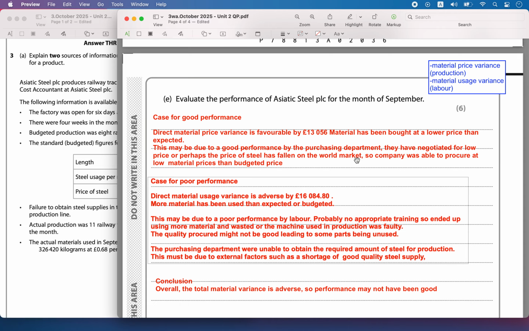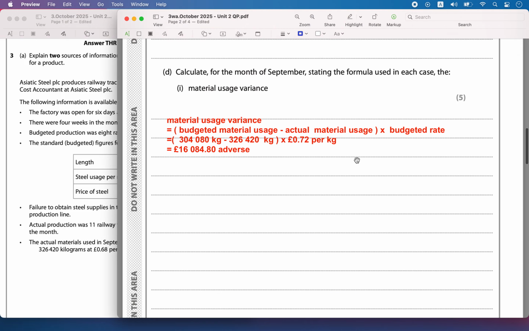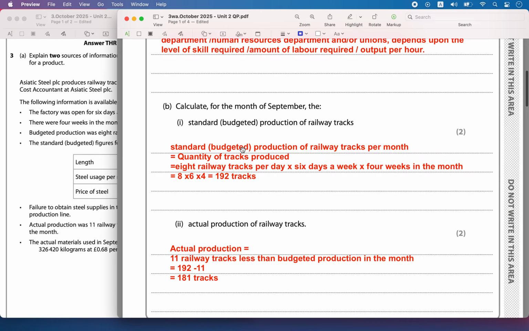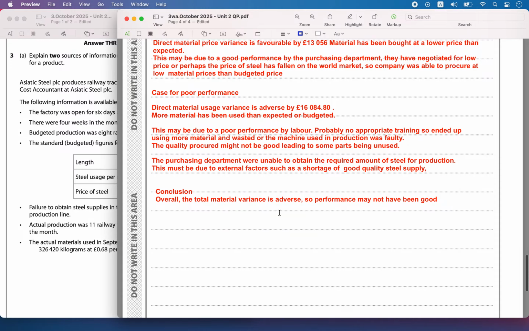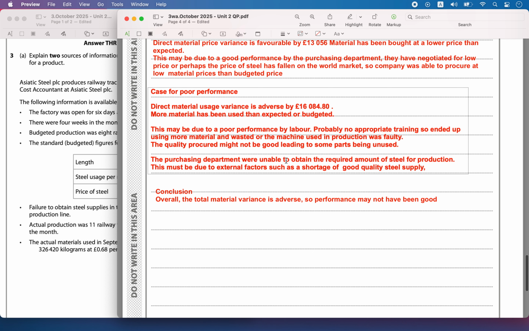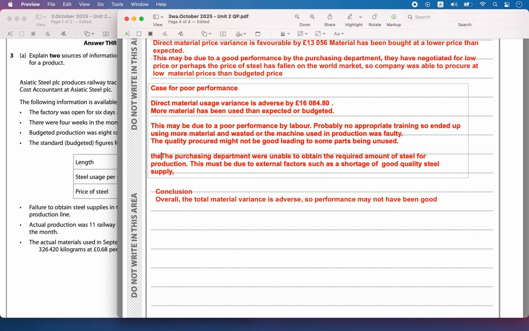And also the purchasing department was unable to obtain the required amount of steel. In the first part also we saw that the production was not met. The production of 192 tracks was not achieved.